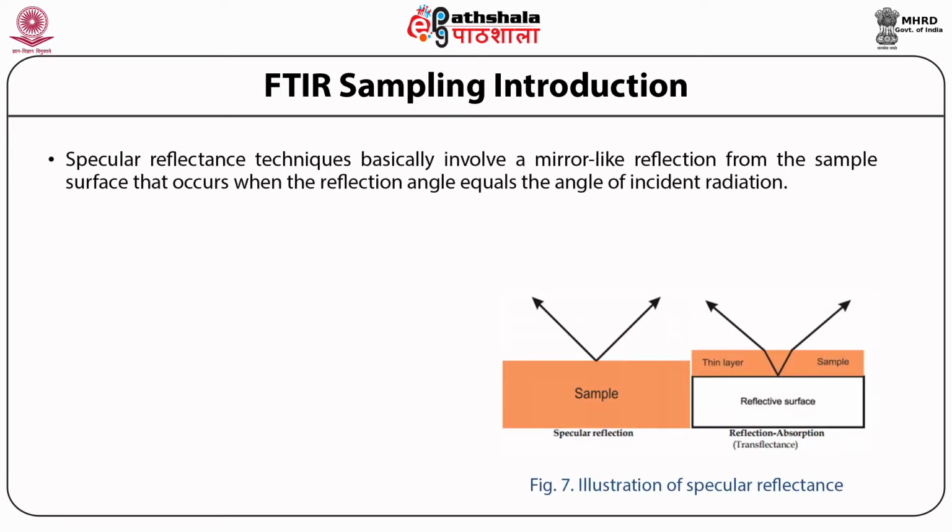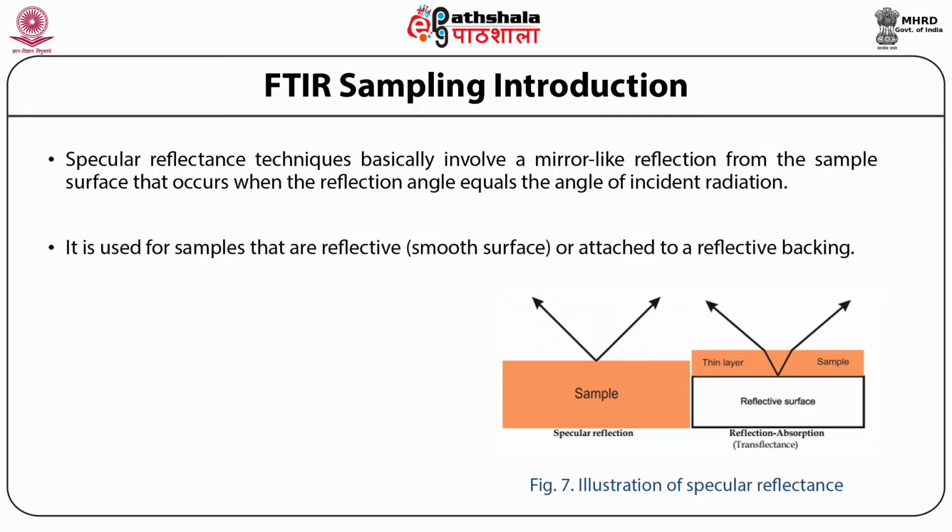So, specular reflectance techniques basically involve a mirror-like reflection from the sample surface that occurs when the reflection angle equals the angle of incident radiation. It is used for samples that are reflective, have a smooth surface, or are attached to a reflective backing.